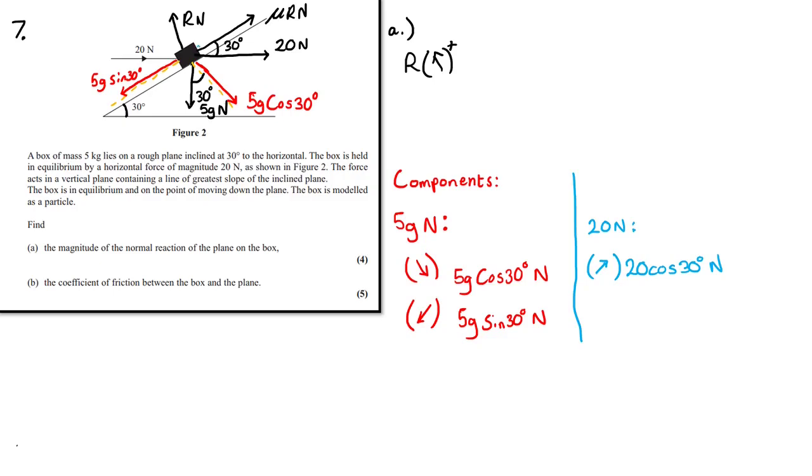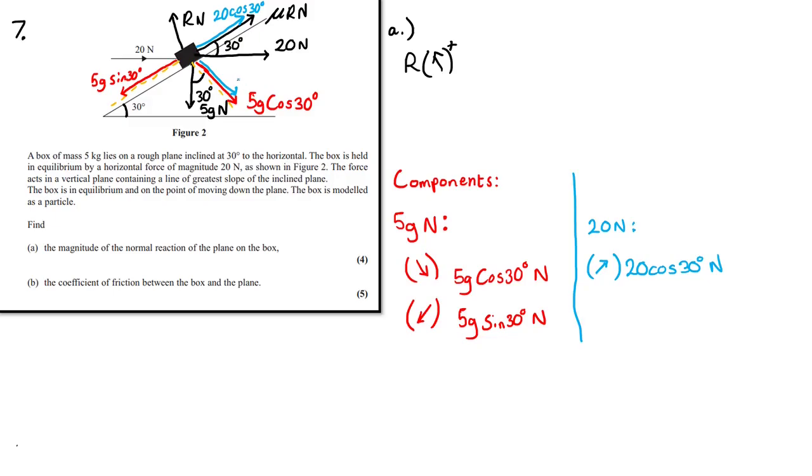So if we just add that on here, that's 20 cosine of 30 degrees. I'm running out of room everywhere for all of this, but you get the idea. And then finally, we need the force going down here. Another one going down, or this component, I should say.